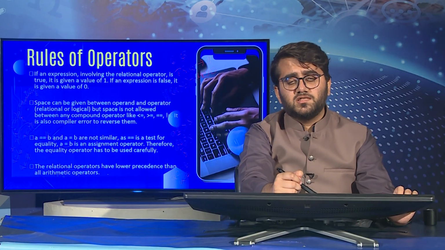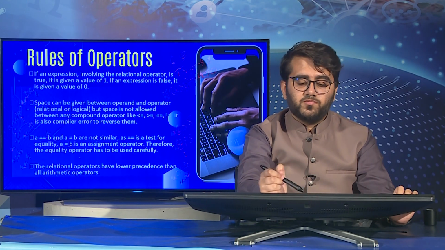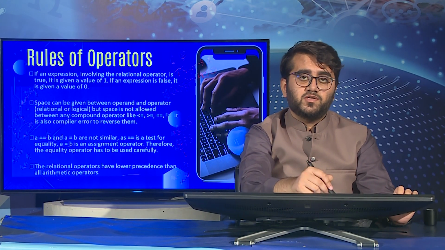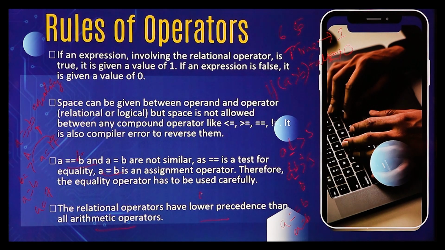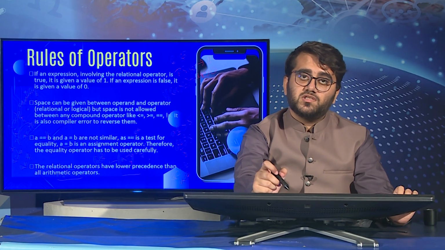Then it discusses a relatively complex concept: the relational operators have lower precedence than arithmetic operators. What does it mean? It means that if an expression has both an arithmetic operator as well as a relational operator, then the arithmetic operator will be executed first. This would be first in the execution cycle, and this would be the last one.